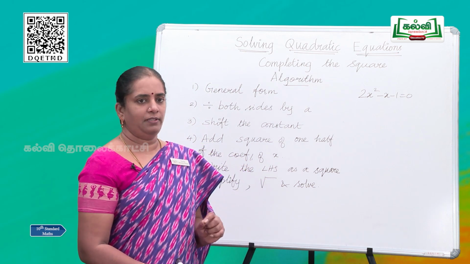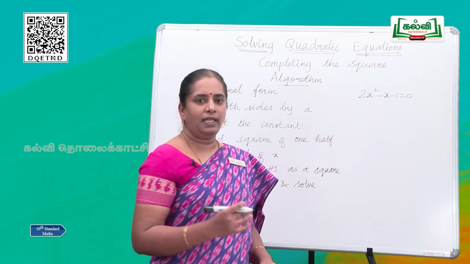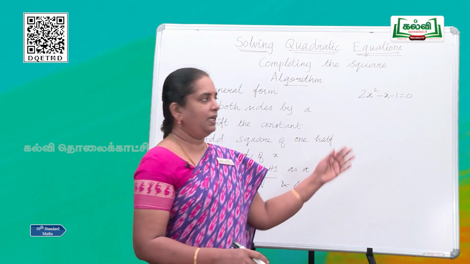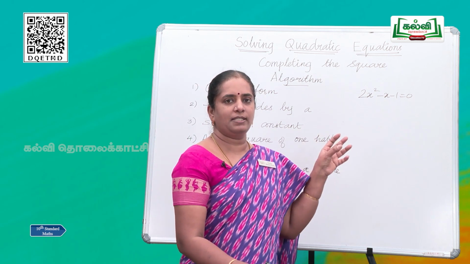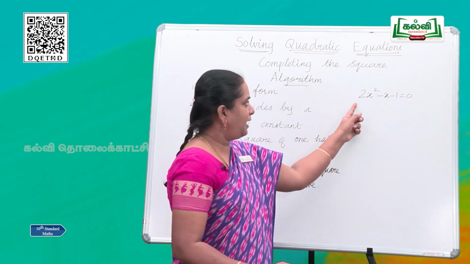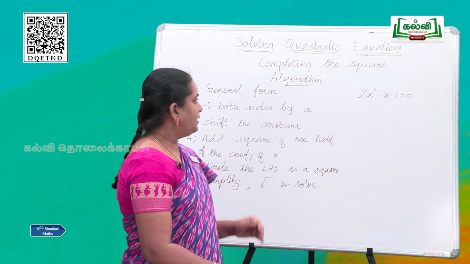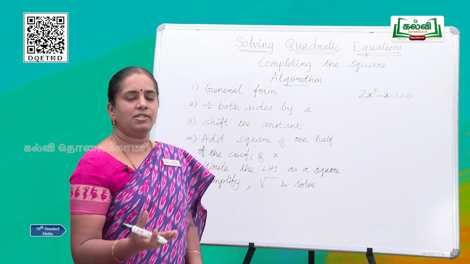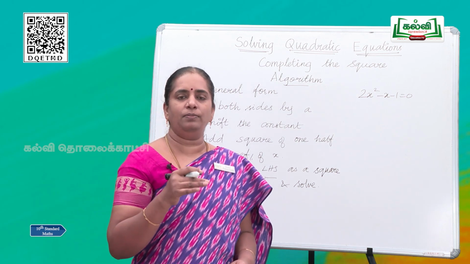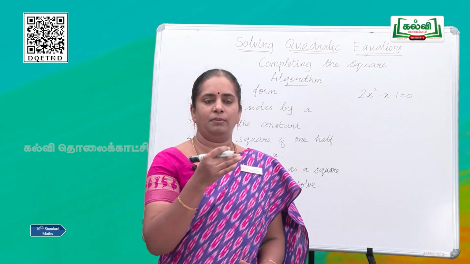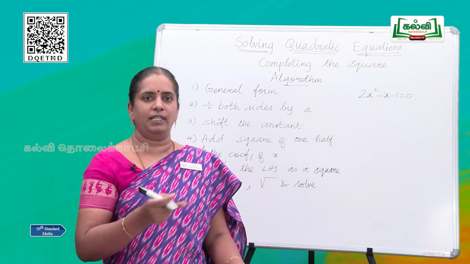You know that very well. So, we are going to write any equation in that form. Here I have taken the equation in the same general form, ax square plus bx plus c is equal to 0. If it is not in the general form, you have to simplify it, convert it into the general form, and then proceed.